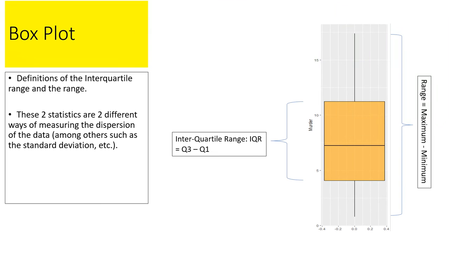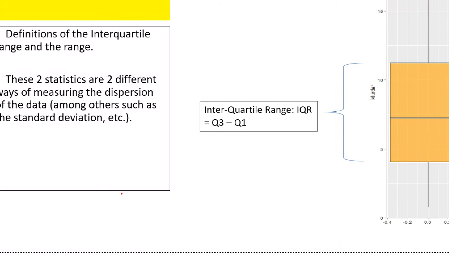So here, as I mentioned, the interquartile range represents 50% of the group that you study, of your data set. 50% of the states are between Q1 and Q3, okay?